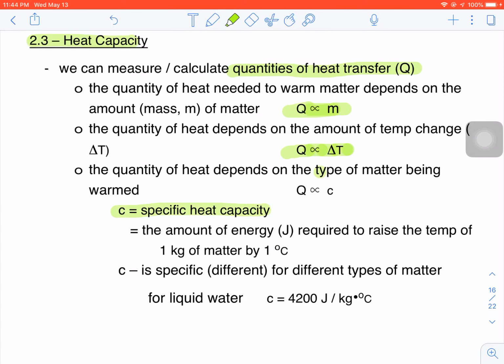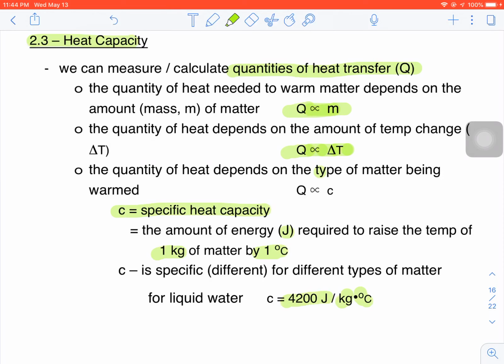Now, C, the specific heat capacity, says how many joules of energy are required to raise the temperature of 1 kilogram of matter by 1 degree Celsius. So if I'm talking about liquid water, I know that if I want to raise the temperature of 1 kilogram of water by 1 degree Celsius, I need to add 4,200 joules of thermal energy.